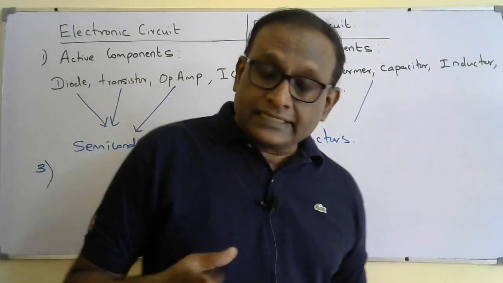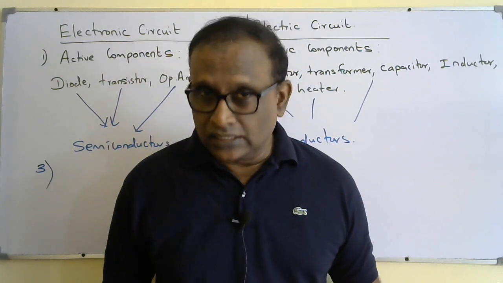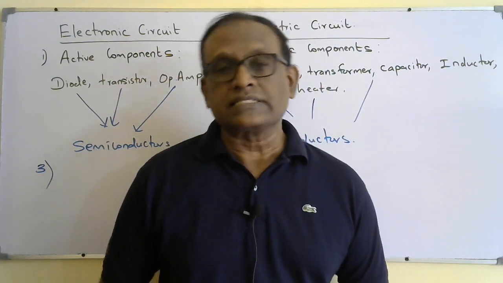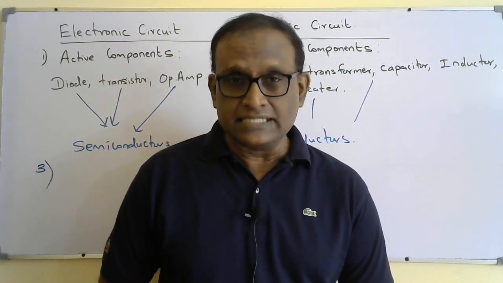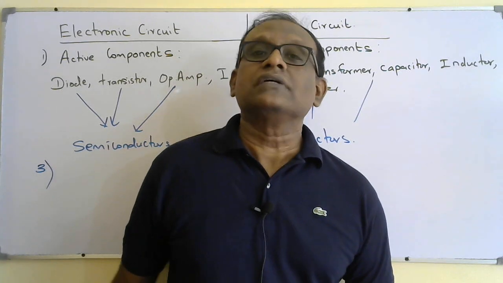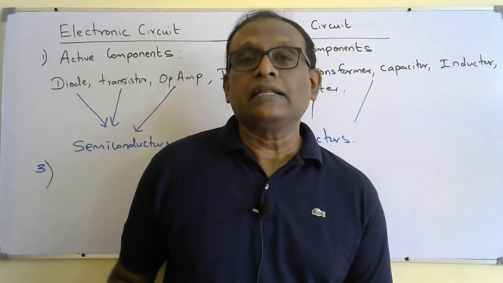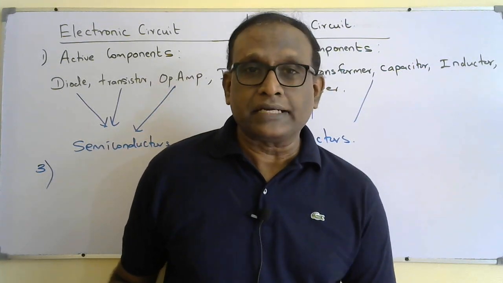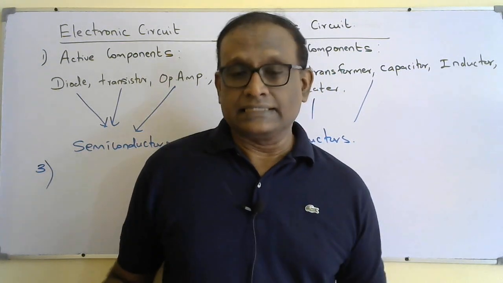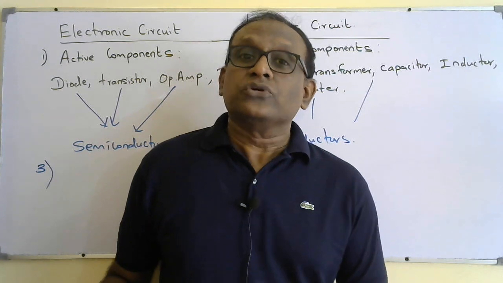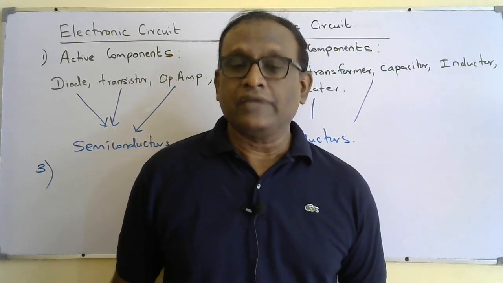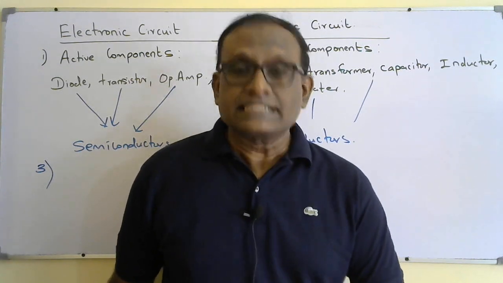So in this topic we are learning about electronics. Since electronics is a part of physics, part of science, and these components are made of semiconductors, we should know the special property or the favorable property of semiconductors compared to conductors and insulators to design or make electronic components. So that's the next topic we are going to learn in this lesson one.